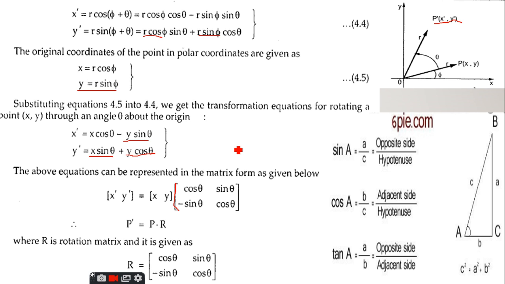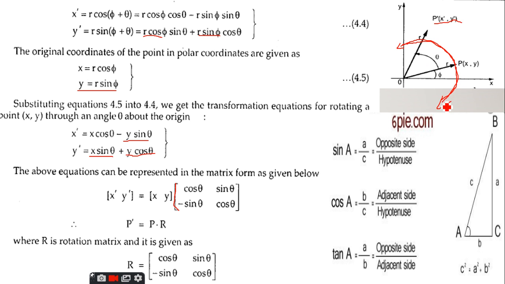Now here there are two conditions: when the rotation takes place in the anti-clockwise direction, and when the rotation takes place in the clockwise direction. When it is moving in an anti-clockwise direction, the value of theta is positive.